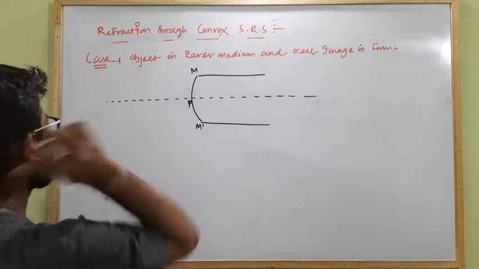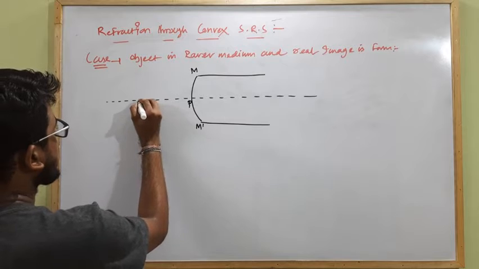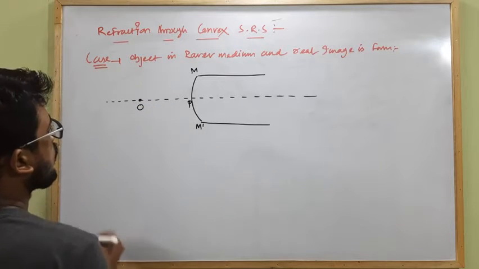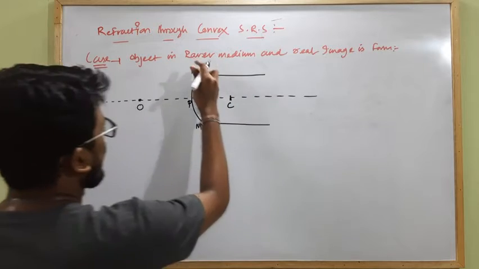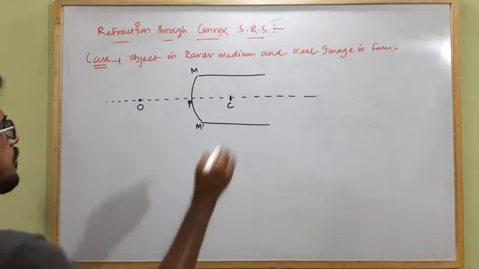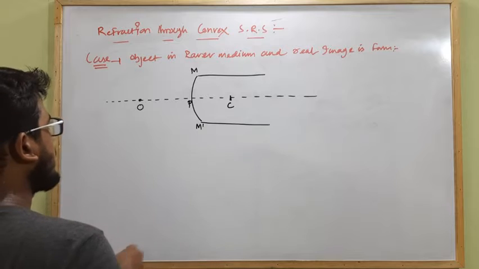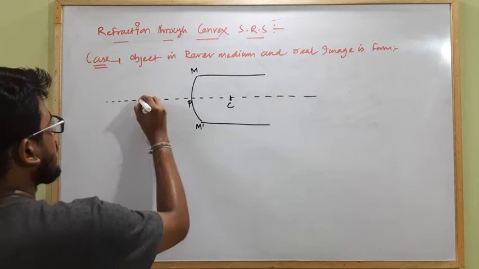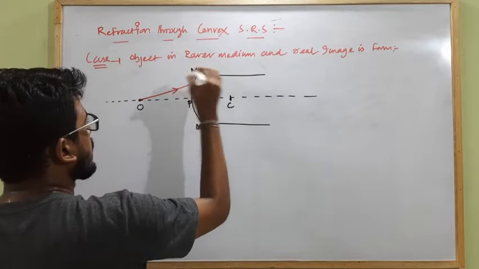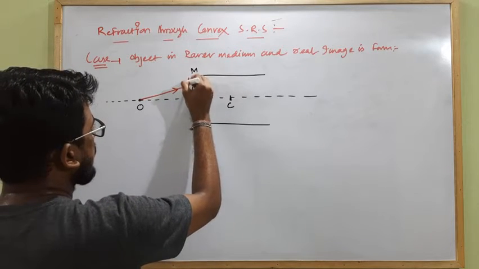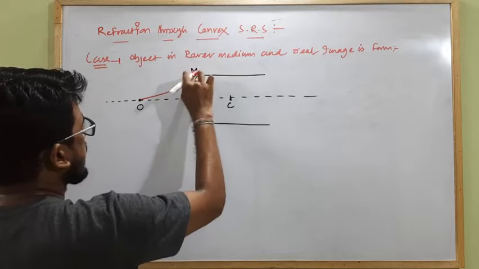On the principal axis, let this be an object O, and this is the center of curvature C of the convex spherical refracting surface. So let an incident ray move like this, which will intersect at point A.